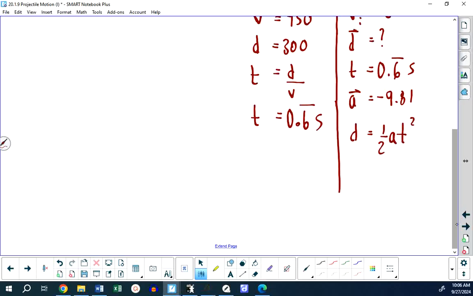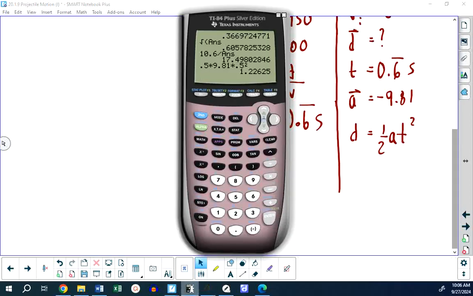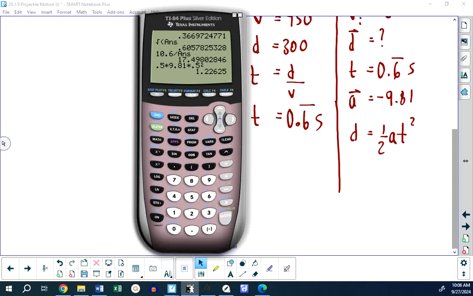And again, we've done this so many times, I feel as though I don't need to write down 1/2 times 9.81 times 0.6 repeating squared. And I'm not going to include the vectors. So we're graduating in this course to a point where we can cut some corners even though we technically should be including vectors. Who cares?